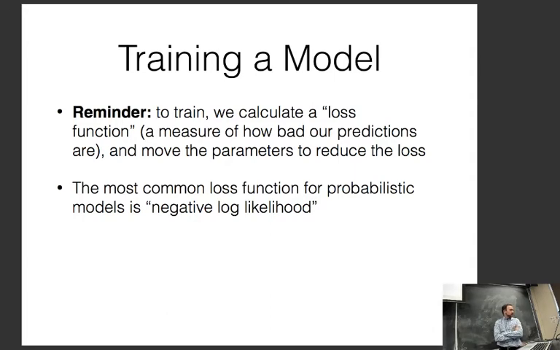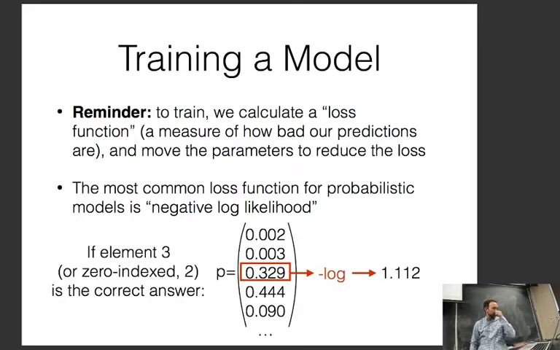To train this model, we calculate a loss function, which is a measure of how bad our predictions are. So if our model is good, it will get a very low loss. If our model is bad, it will get a very high loss. The most common loss function for probabilistic models is the negative log likelihood.